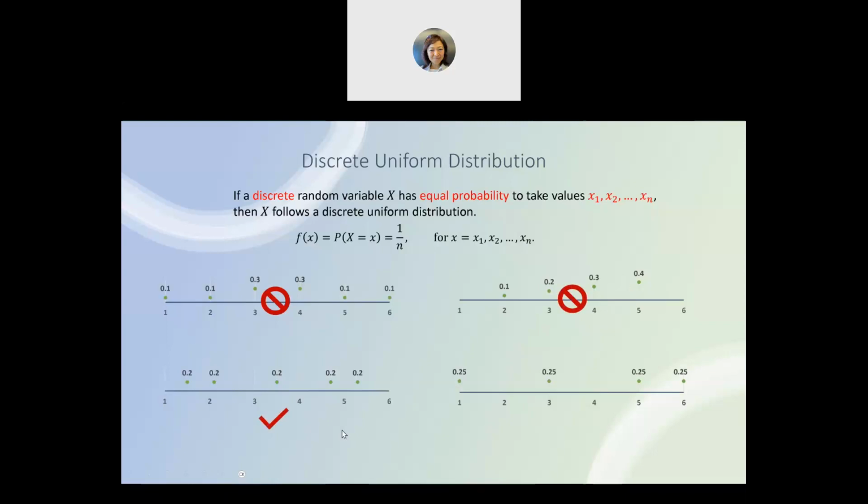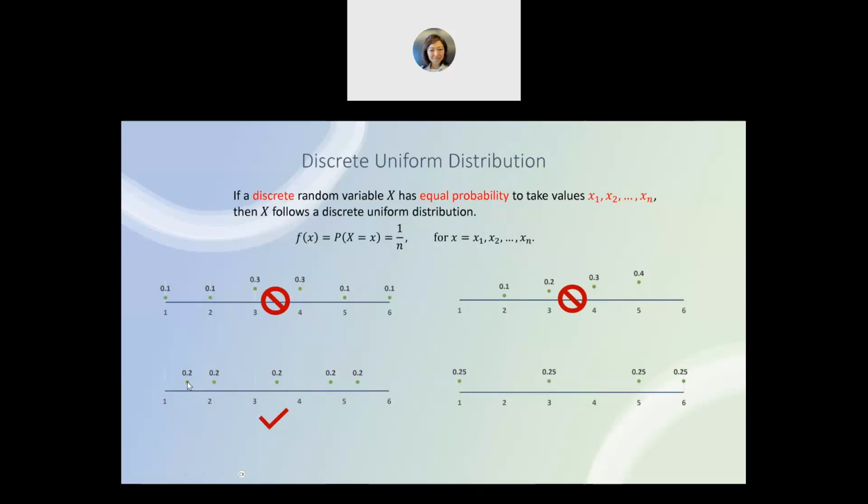Next one. Why is it good here? X is not taking on the integers. However, at these 5 places where x can take, the chances are the same. Because there are 5 possible values for x to be, the probability is 1 over 5, so 0.2.